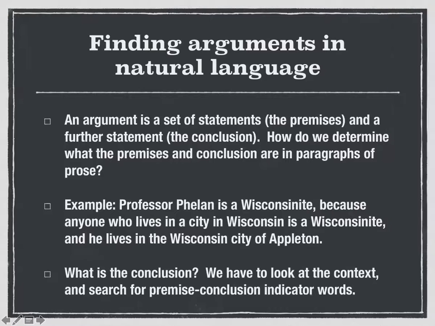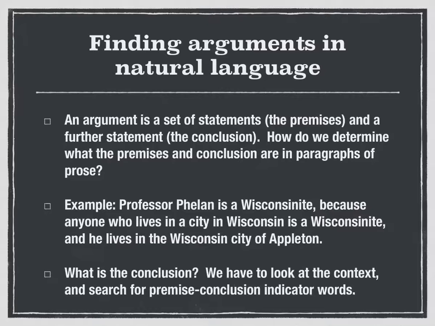Okay, so the other statements are kind of more fact-like, and Professor Phelan is a Wisconsinite doesn't seem like it's leading to anything. Okay, good. The other two start with like because. Right, yeah, so the other sentences seem to be providing support for this first sentence.